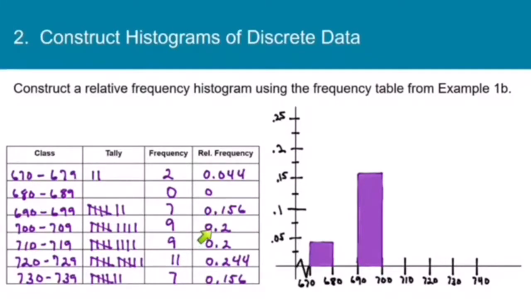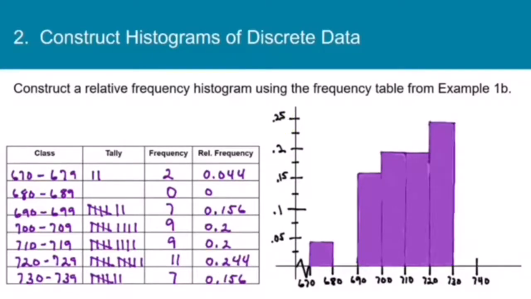Okay, then we have 0.2, and then we have another bar of 0.2, and then we have 0.244, which is going to come up almost to the 0.25 mark, and then we have 0.156, which I believe is the same height as this one. And that's it.